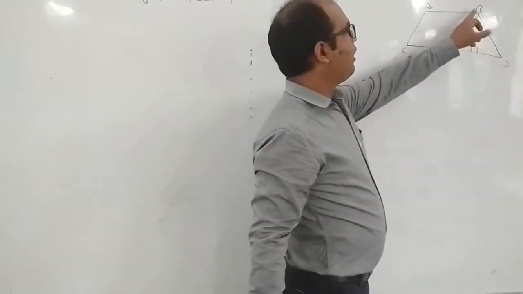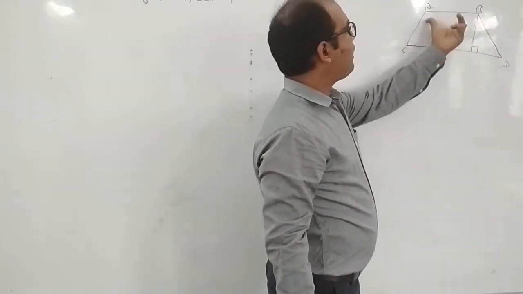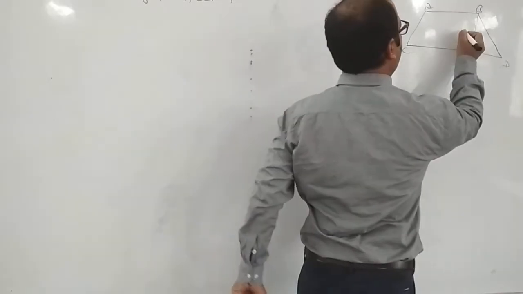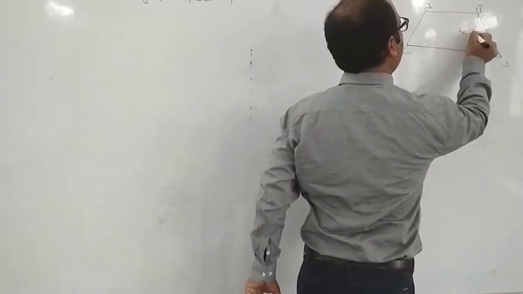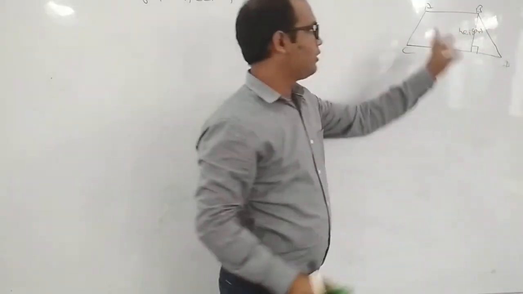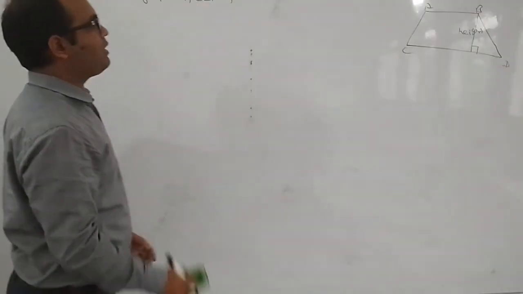This one is the distance between the parallel lines AB and CD, that is the height.